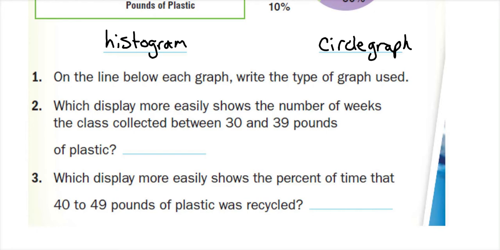For this one, it would be easier to figure out that the histogram shows the frequency better, which is what it's supposed to do. Histograms show frequency of an interval. Then number 3, which display more easily shows the percent of time that 40 to 49 pounds of plastic was recycled? Of course, with percentages, that would always be a circle graph.